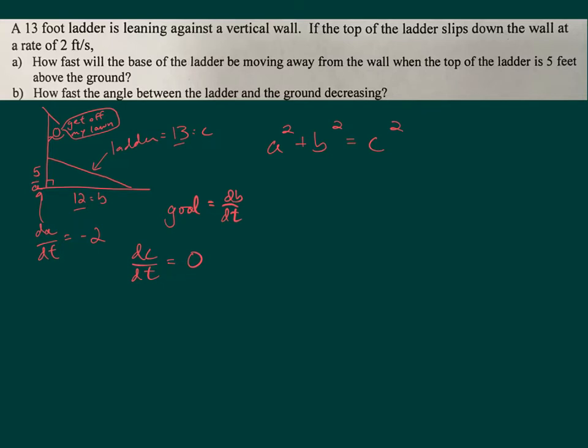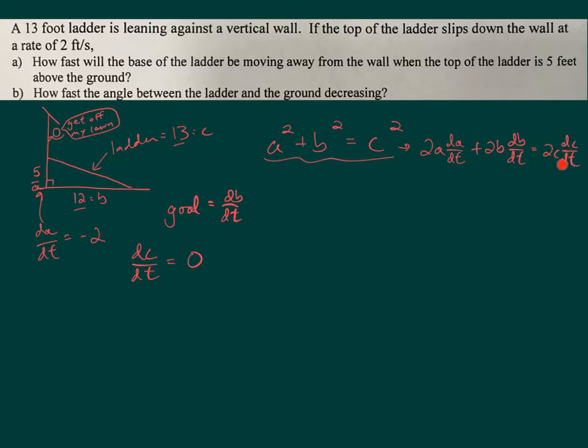So when we find the derivative of this particular equation, it is 2a dA/dt, then 2b dB/dt equals 2c dC/dt.